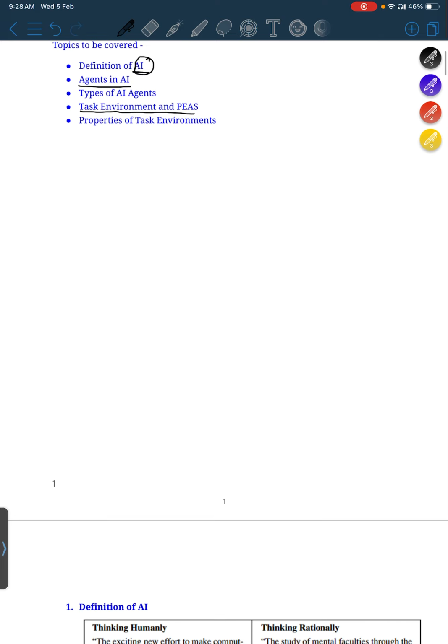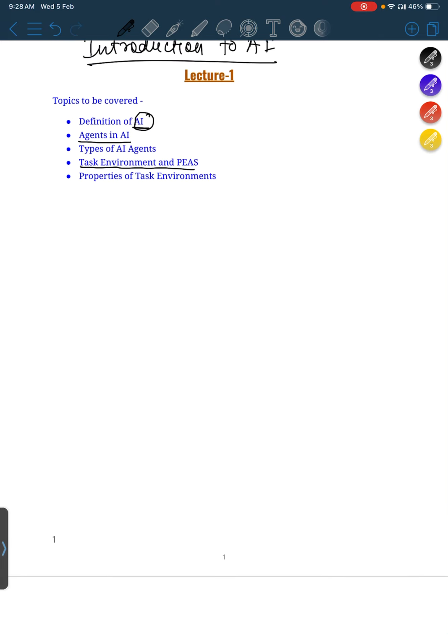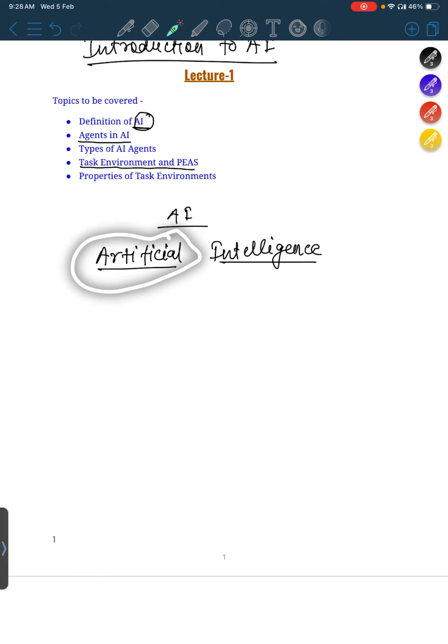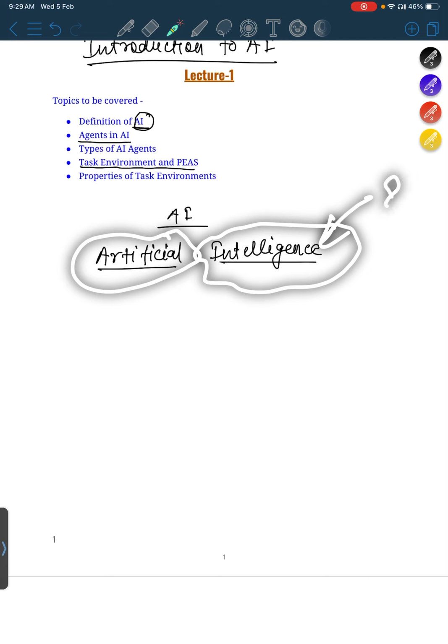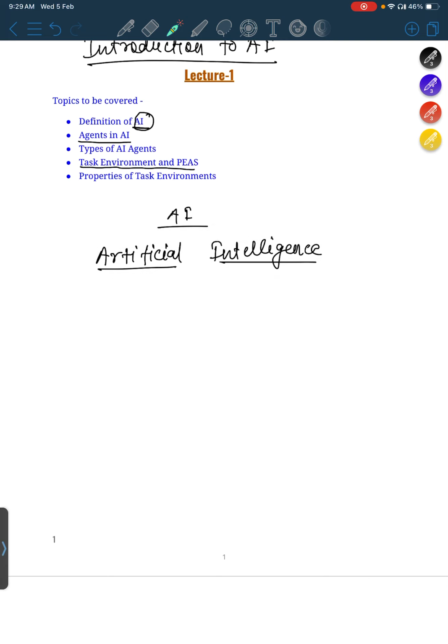So as we already know, AI stands for artificial intelligence. Before we talk about the term artificial, let's talk about the term intelligence itself. What do you mean by intelligence? How do we define intelligence first of all?